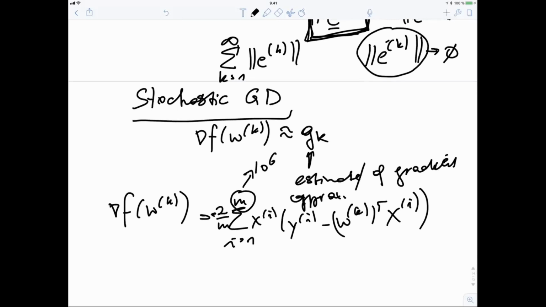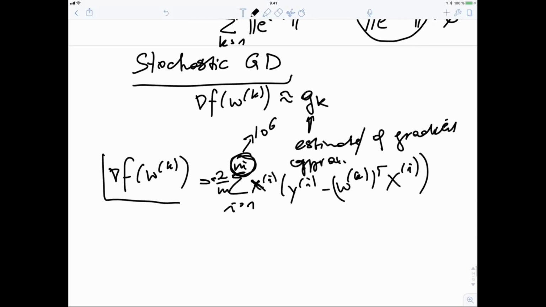So computing the gradient might be computationally infeasible, because either you don't have enough computation time to sum up 1 million of these components, or these data points, feature vectors and labels, are stored distributed all over the planet in the cloud, for example.